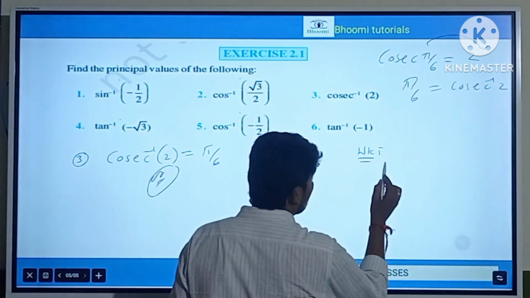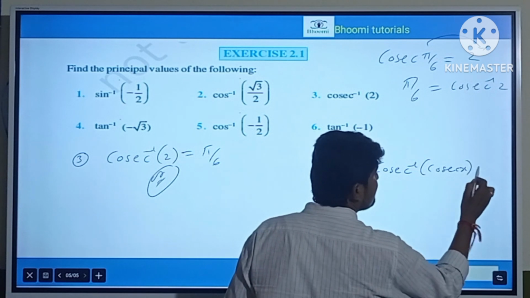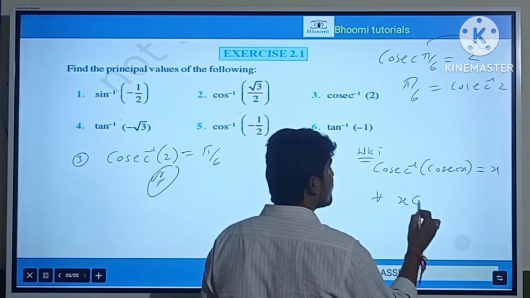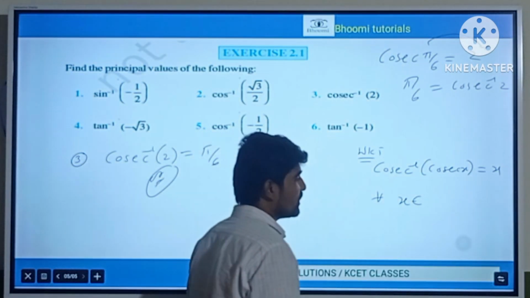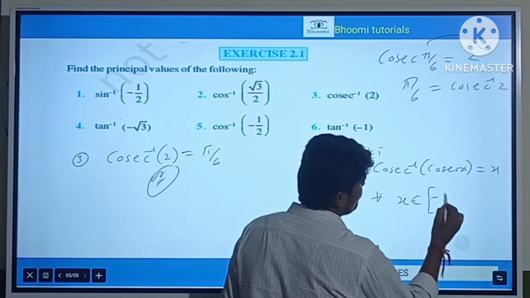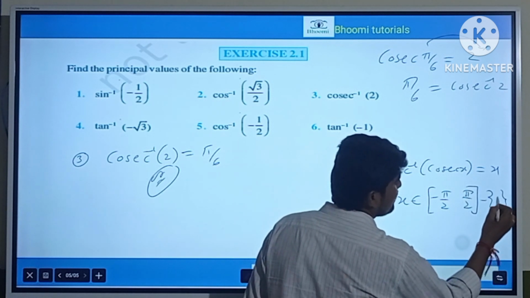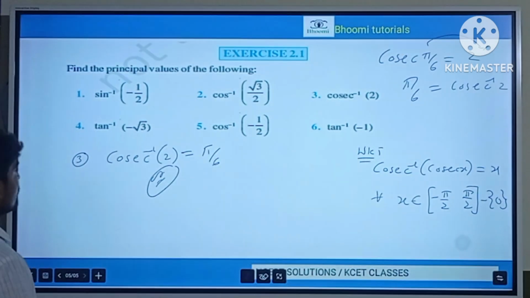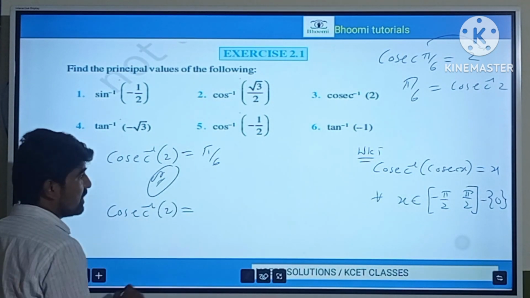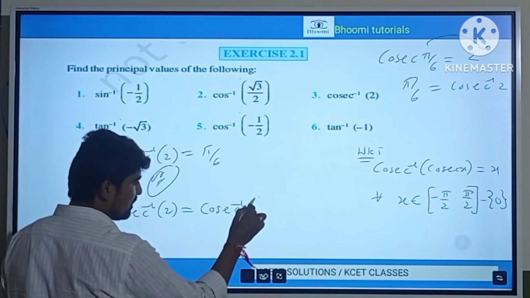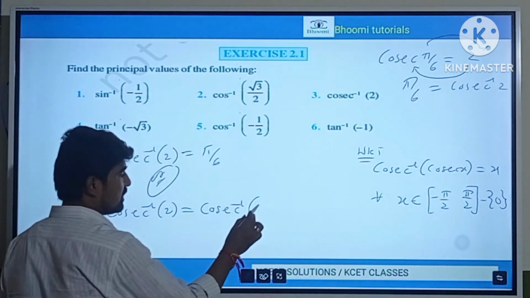Or we know that cosecant inverse of cosecant x is equal to x, for x belongs to the principal value branch of cosecant inverse x. What is the principal value branch of cosecant inverse x? It is the closed interval minus pi by 2 to plus pi by 2 except 0. So now this cosecant inverse of 2 can be written as cosecant inverse of cosecant 5 by 6.